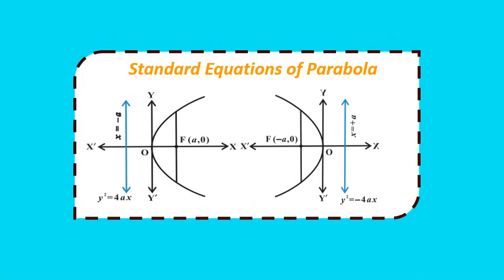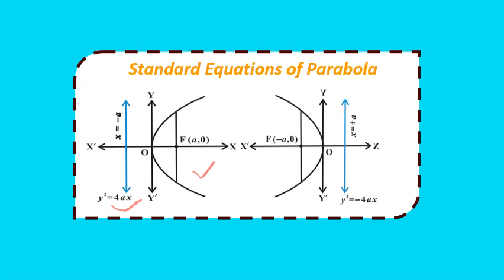Now we have different forms of a parabola and different equations for all the parabolas. So we have four standard forms, and the first one you can see in the figure: if the parabola is on the x-axis and it is symmetric about the positive x-axis, then the equation of the parabola is y square equals 4ax, where the focus has the coordinate (a, 0).